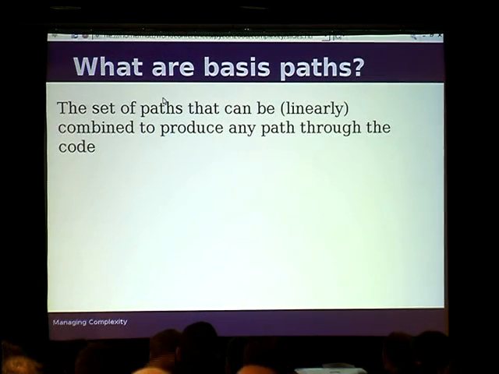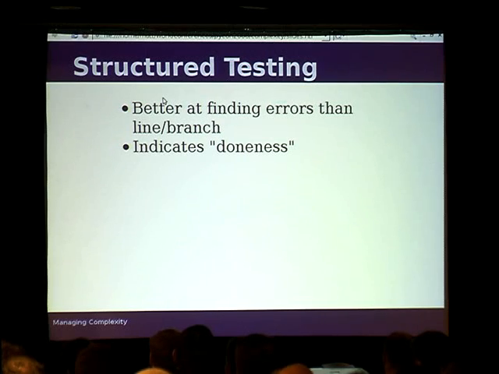So what are basis paths? Basis paths are the set of paths through your code that can be linearly combined to create any path through your code. And structured testing is basically testing those basis paths.